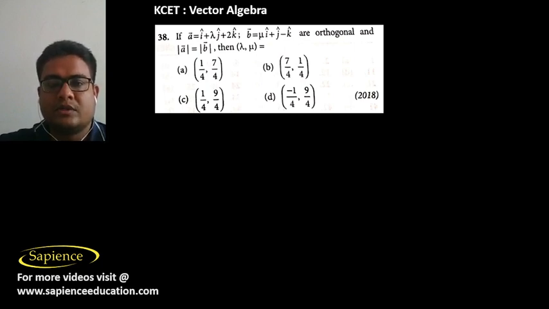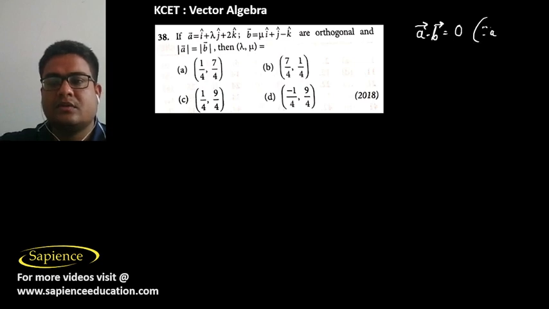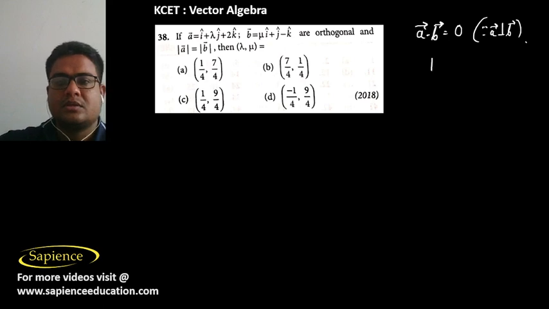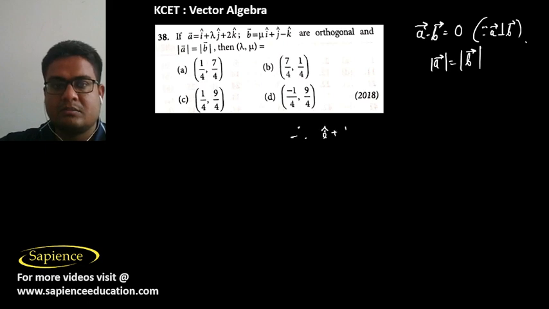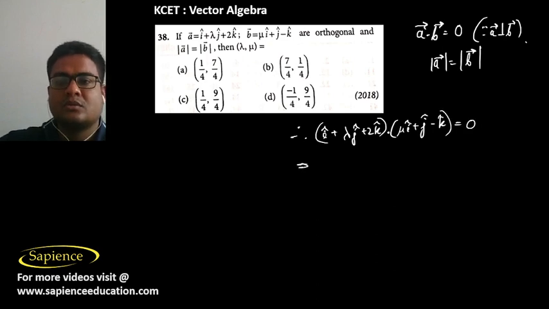Here it is told vector A and B are orthogonal and the magnitude of A is equal to the magnitude of B, and we need the values of lambda and mu. A dot B should be equal to 0, since they are orthogonal. Therefore i cap plus lambda j cap plus 2 k cap dot mu i cap plus j cap minus k cap should be equal to 0.